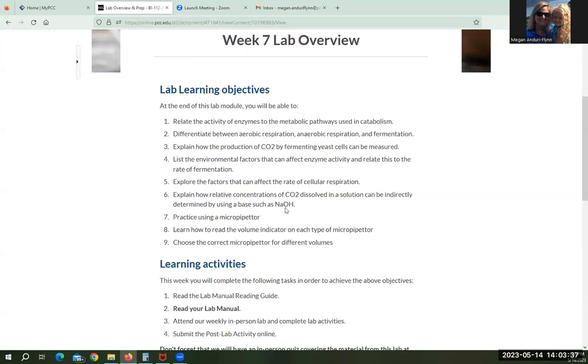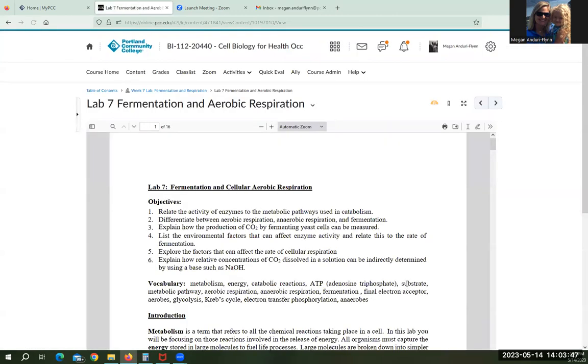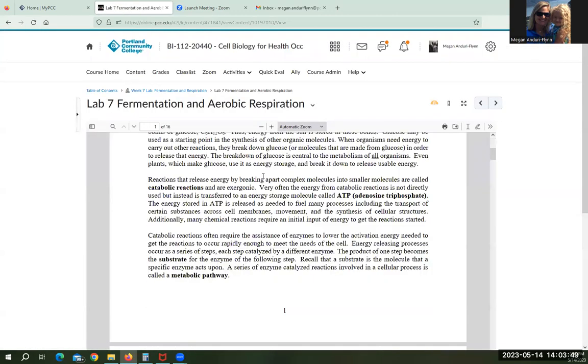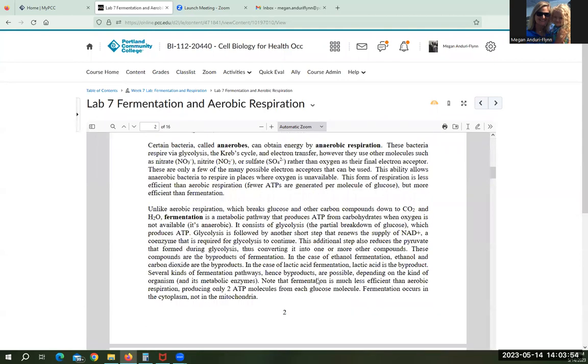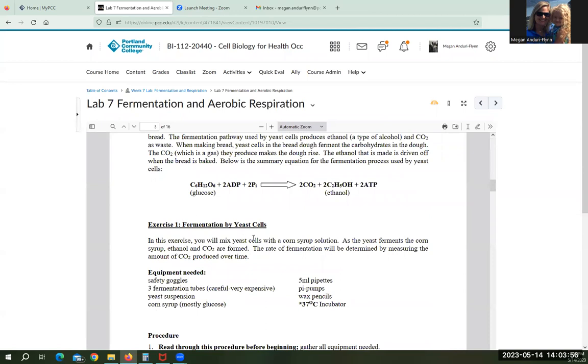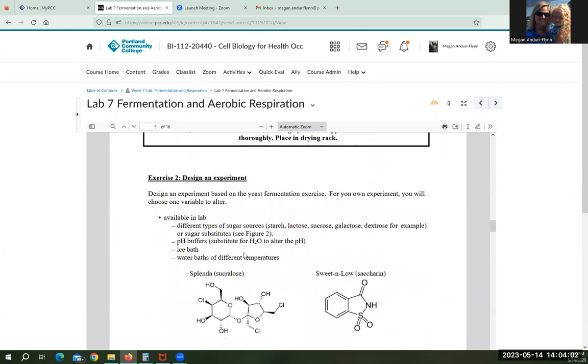So we'll do some scenarios with that in our lab this week. So there's the lab itself. We'll review the different parts of cellular respiration and fermentation, but we're mainly focused on fermentation this week with our lab.